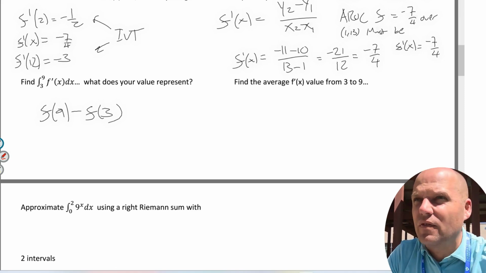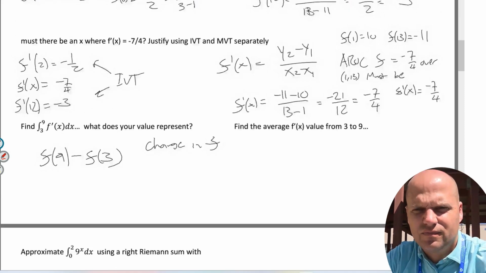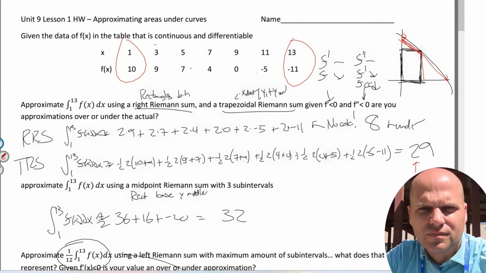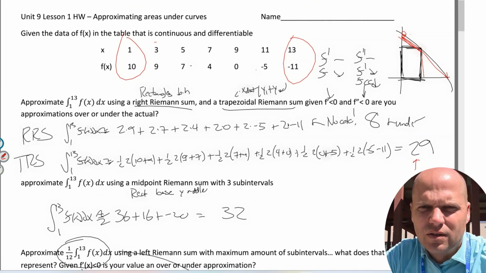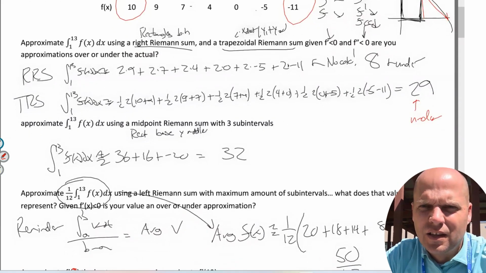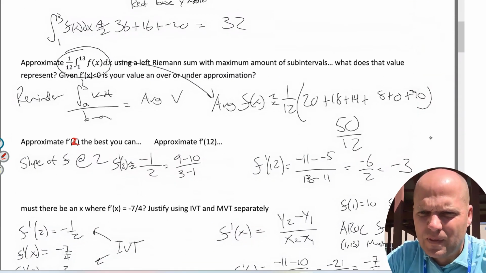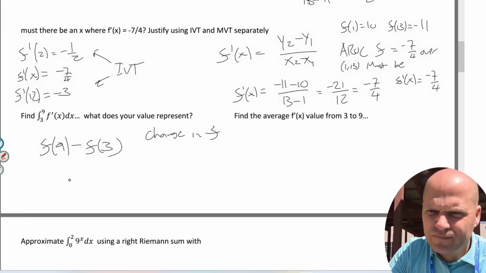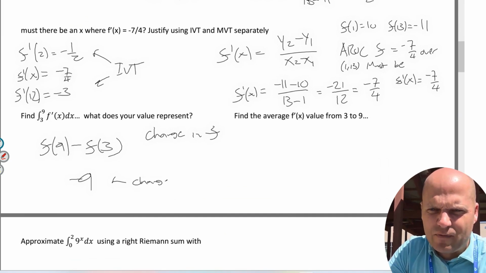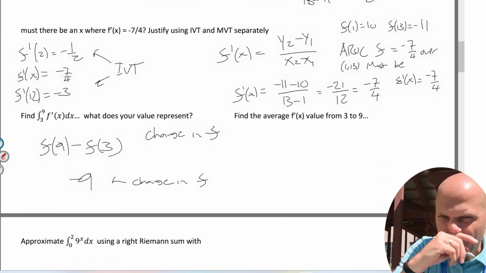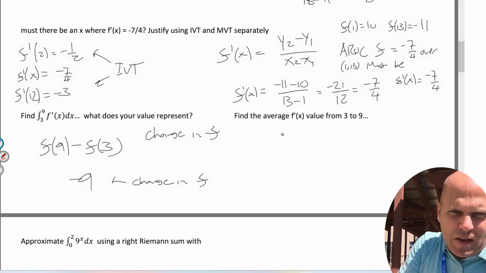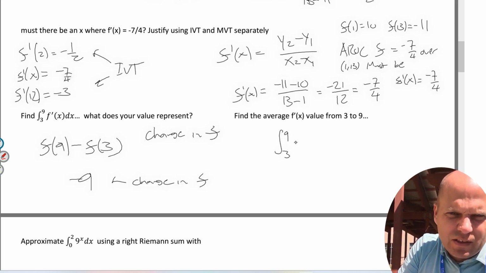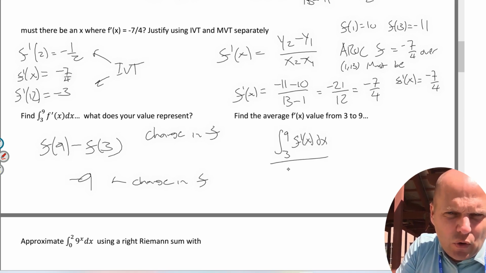And now we just have to find the value of f of 9 and f of 3. The change in f or the displacement in f. What's the average f prime value? Well, I would love to accumulate f prime from 3 to 9 over my interval.